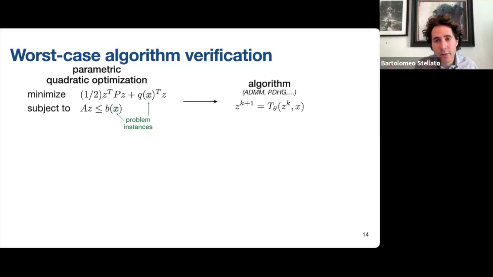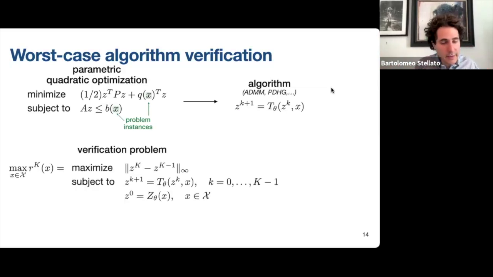We can apply your favorite method, could be ADMM, primal dual hybrid gradient, or even projected gradient descent, and we would like to analyze how these methods behave. Again, theta are the parameters of the algorithms, or the hyperparameters, and we consider them fixed for the analysis. Then we can analyze these algorithms by formulating this maximization problem over the fixed point residual as follows.